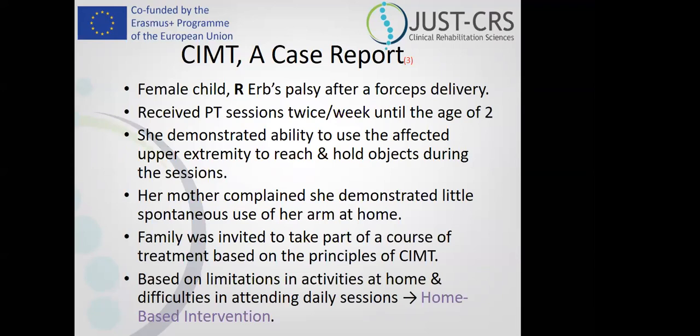The family was invited to take part in a course of treatment based on the principles of CIMT. Based on the limitations in the activities at home and the difficulties in attending daily sessions, a home-based intervention was designed with the family.